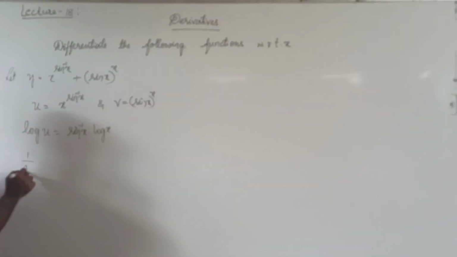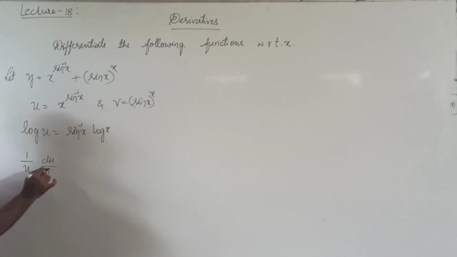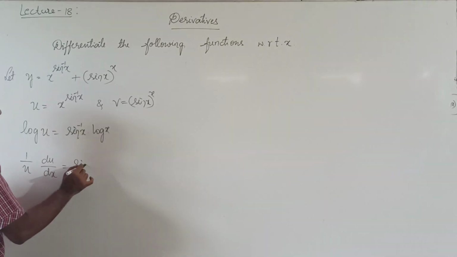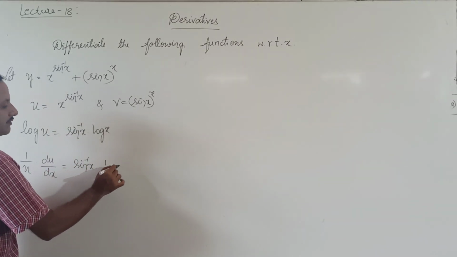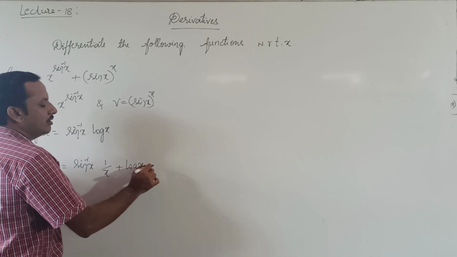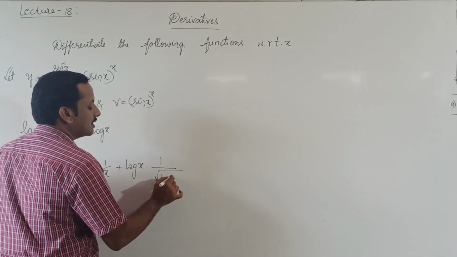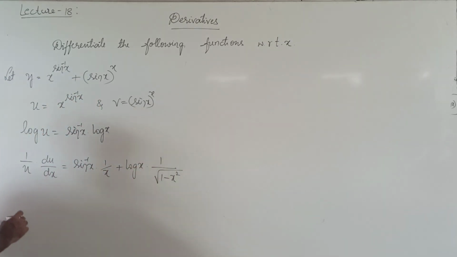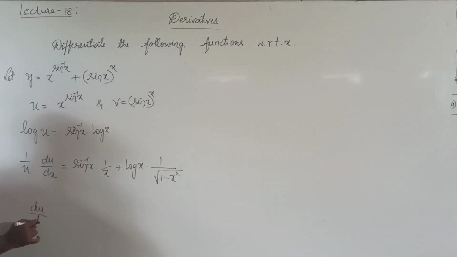Differentiate it with respect to x. 1 by u into du by dx is equal to sin inverse x into derivative of log x, which is 1 by x, plus log x into derivative of sin inverse x, which is 1 by root 1 minus x square. So du by dx is equal to u into what is u?